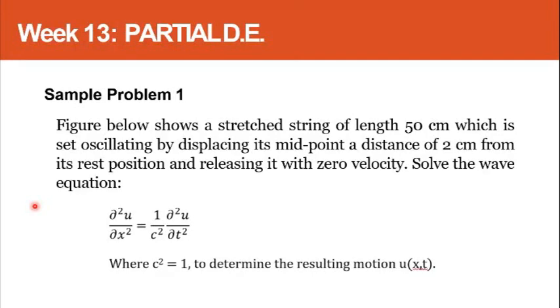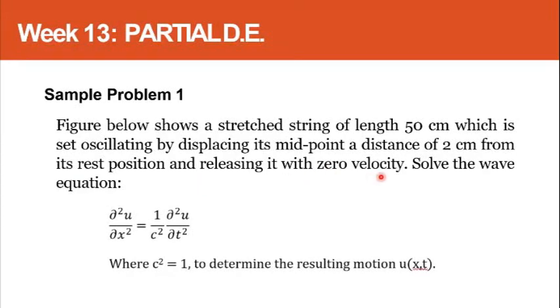So, that's clear here, right? It's clear in our problem that we have the length as 50 cm, and also the midpoint at a distance of 2 cm, and also the rest position and releasing with zero velocity.